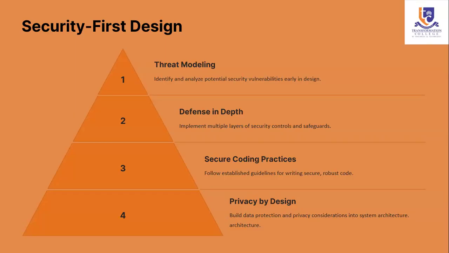So all these things are within the system, and they are security-first designs. Then privacy by design: build data protection and privacy into the system. Yes, see this data privacy. What it just means is do not store information you don't need to store. Do not store information you are not using for anything. And for example, now Gmail they are facing a lawsuit, or they've actually faced it, and the people won, where they were listening to people's information.